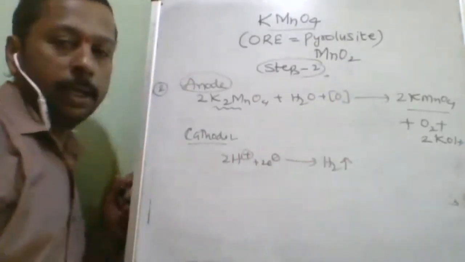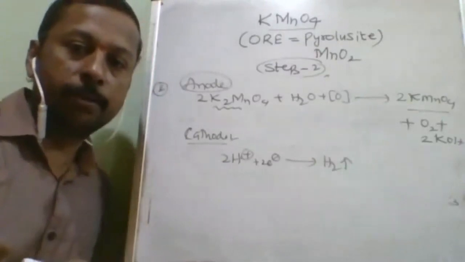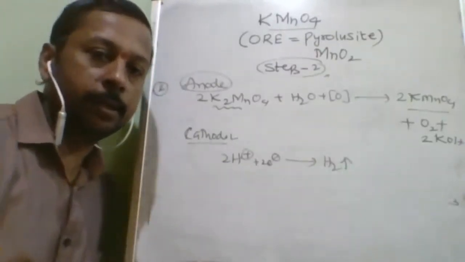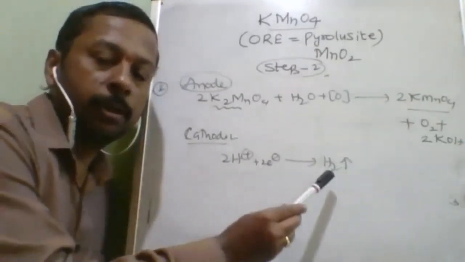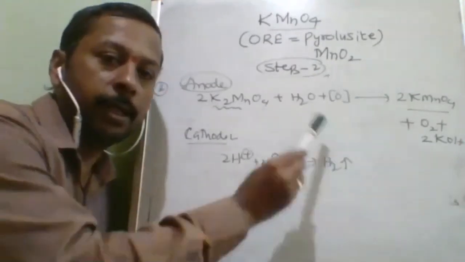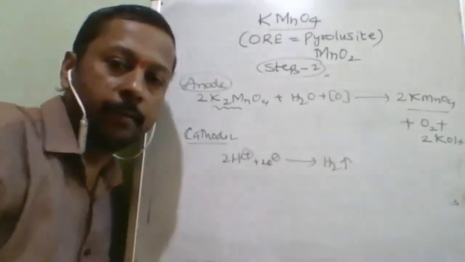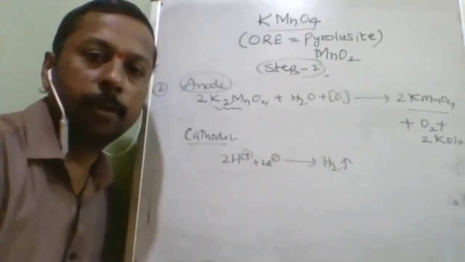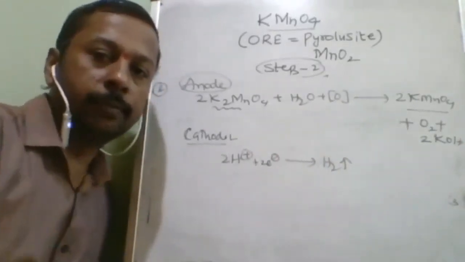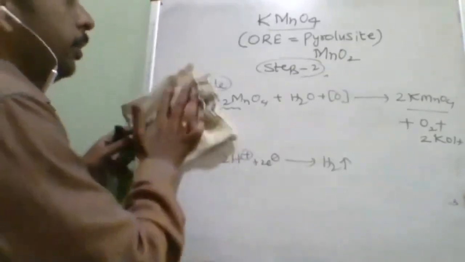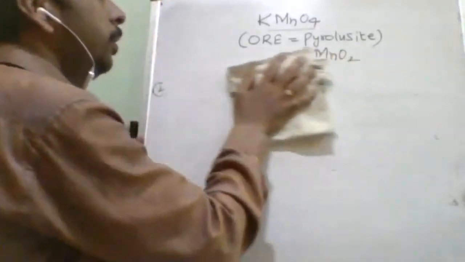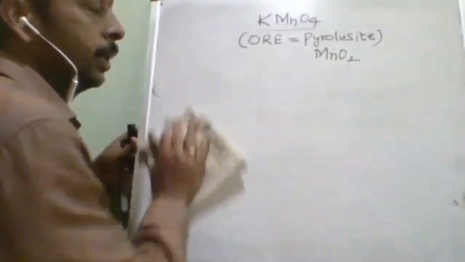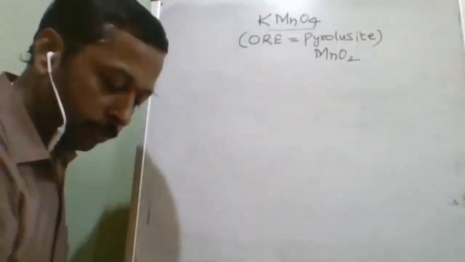So during electrolytic oxidation, the cathode liberates hydrogen and at the anode we collect our required product KMnO4. Our required product KMnO4 is collected at where? At anode. These are the preparation methods of KMnO4.